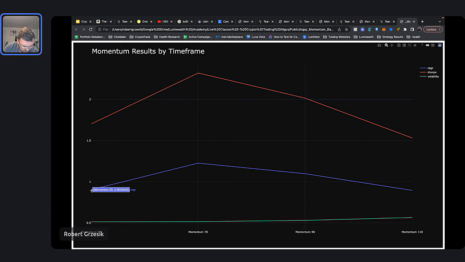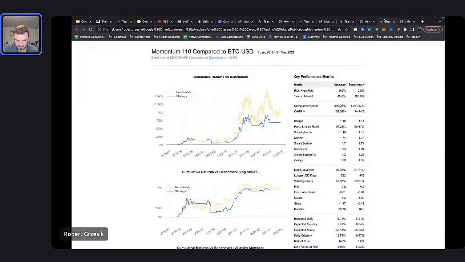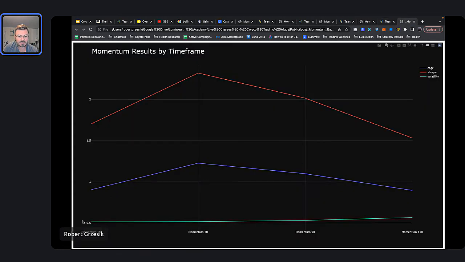This one actually seemed to lose us money, the 50. The 70 made us 22%. This one made us 9%. And then the 110, it seems like they're losing, possibly. Either way, we're able to see here that our best bet was the 70-day momentum. So that basically tells us this is the optimal way for us to be trading this.